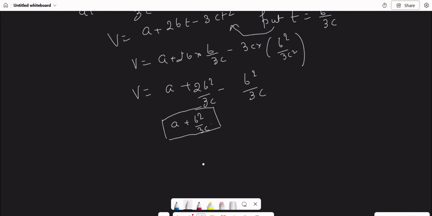Now physics-wise, what does this mean? If the particle's velocity is varying with time, at an instant the velocity becomes the tangent to the velocity at time t equal to b by 3c.